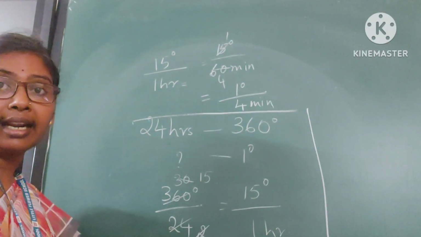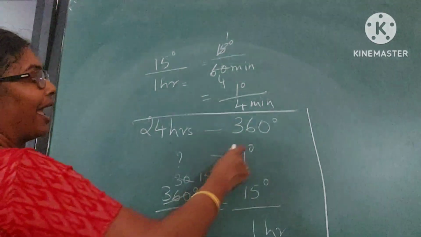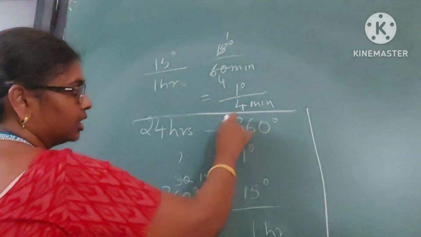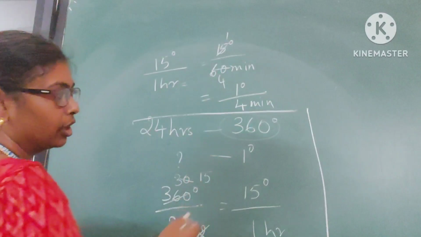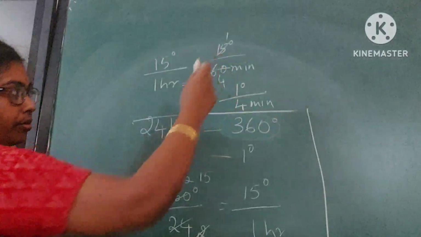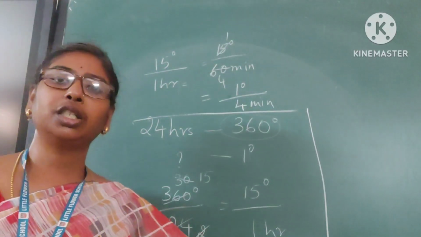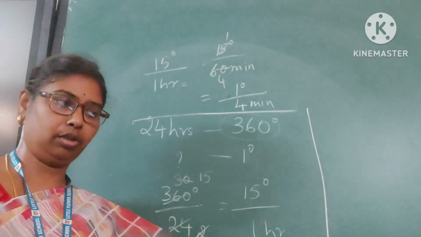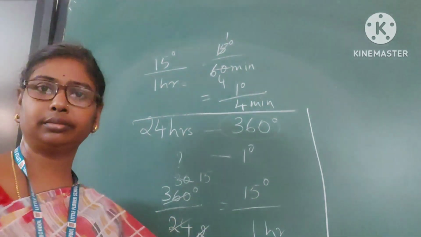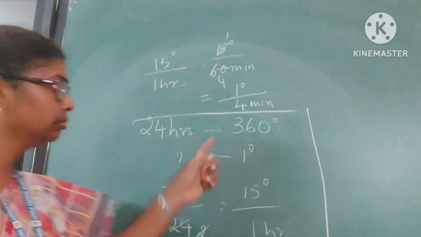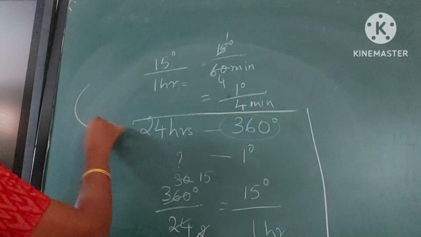This is the rate of change for every longitude. So for every longitude we have a change of 4 minutes. When we change the longitude, we change 4 minutes.